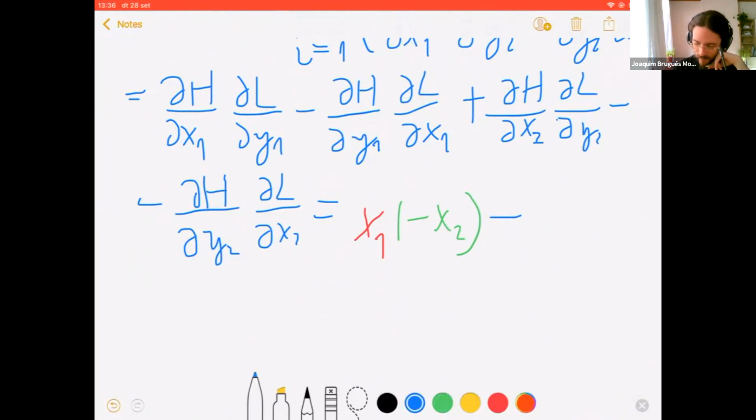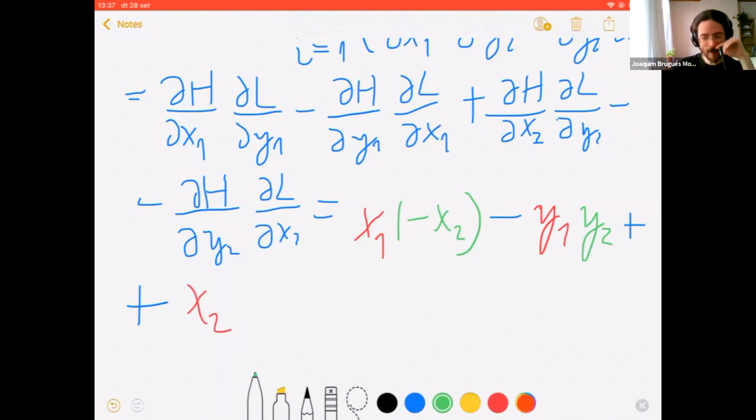We have the partial of h with respect to y1. This is y1 again. Partial of L with respect to x1, we can check back, but this is basically y2. The partial of h with respect to x2, we have it.